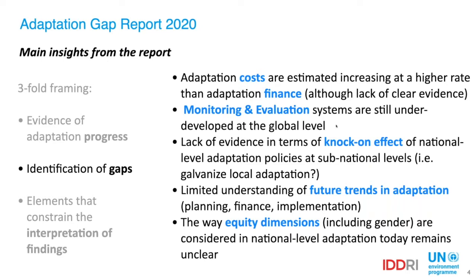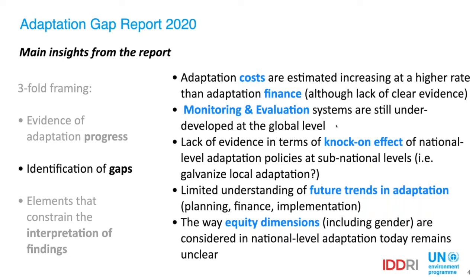There is also a lack of evidence in terms of the knock-on effect of national level adaptation policies at the subnational levels. That means that we don't have clear evidence whether what is implemented at the national level really galvanizes action and decision at the local level.